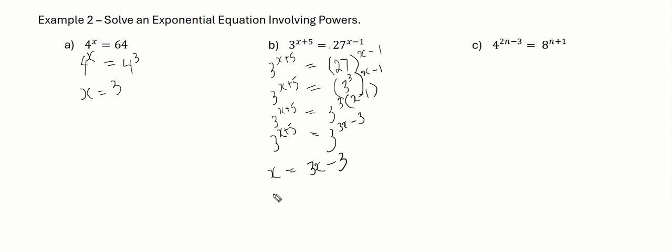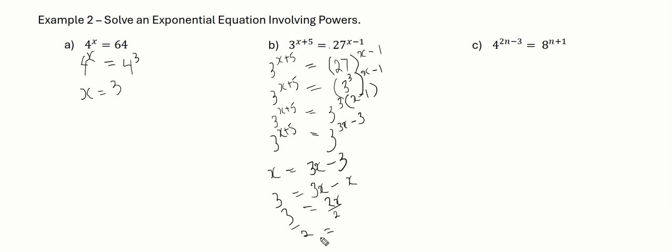So this would be 3 here, because we dropped this to that side. So it'd be 3x minus x, and that would be 2x, equals 3, and divide both sides by 2.